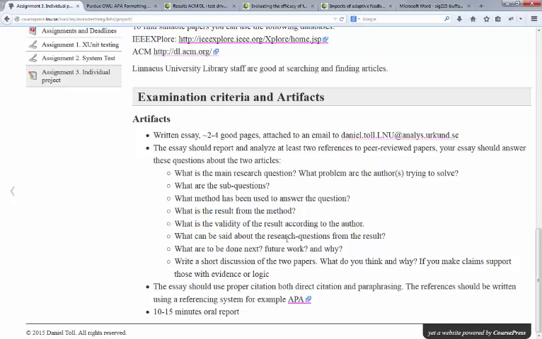An interesting way of doing science yourself in this essay would be to do a meta-study. A meta-study means you don't create any results yourself, you just combine the results of other people, and then you make conclusions from that. That would be a beautiful way of achieving an A in this assignment. And if you can do that in 2 to 4 pages, that is awesome.